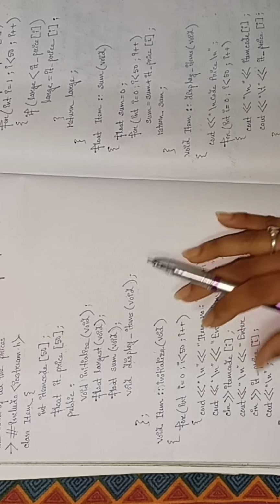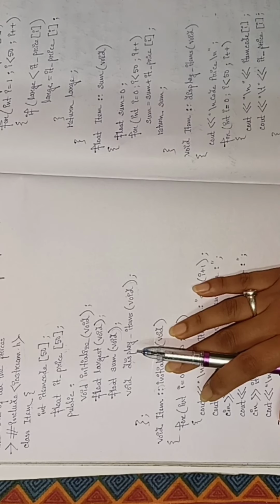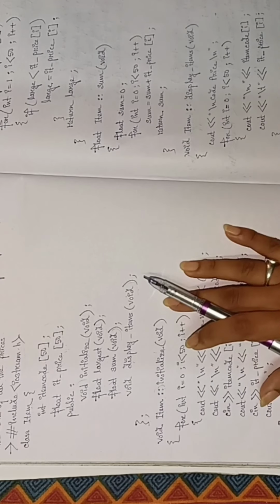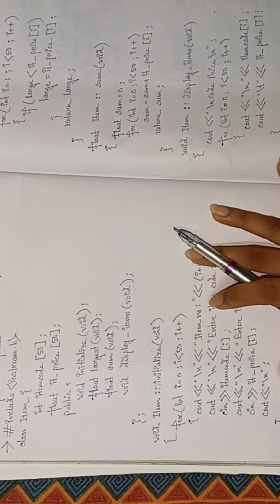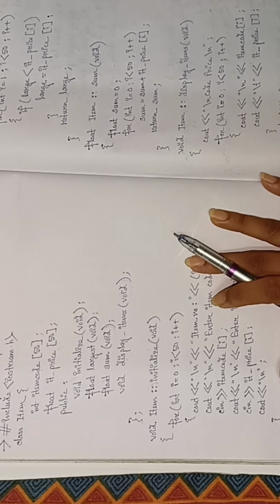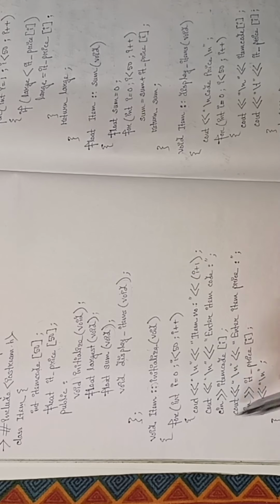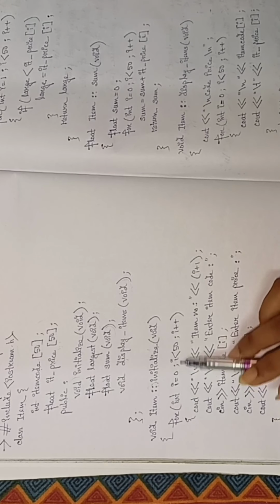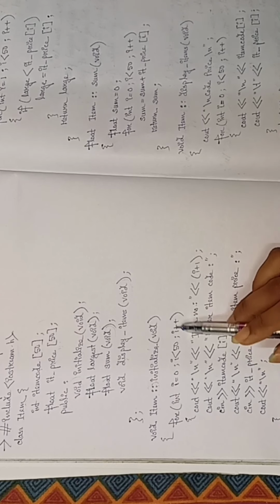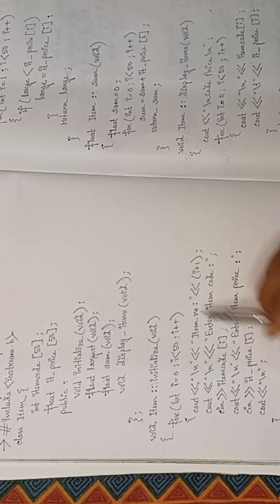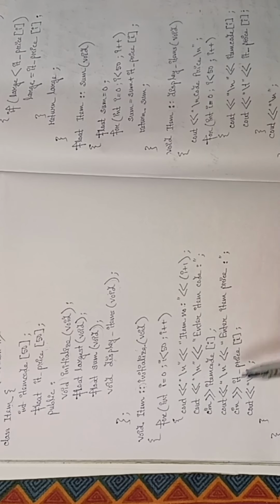Then inside this, the user has to give the input of 50 items. For these 50 items, I have already discussed that whenever you store something in the array, we require a for loop. That's why for int i equal to 0 and i will go up to 50, it will store 50 items, and then one by one it will go on storing the items.